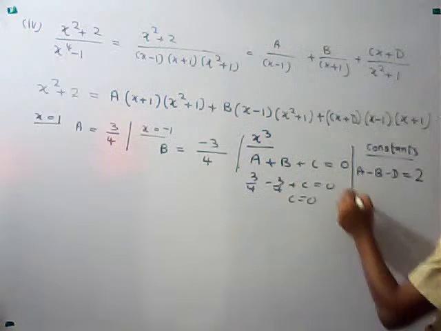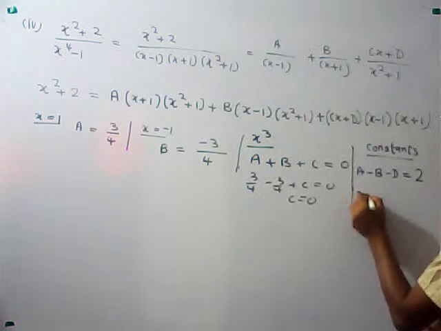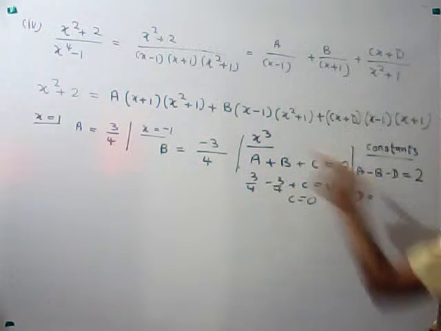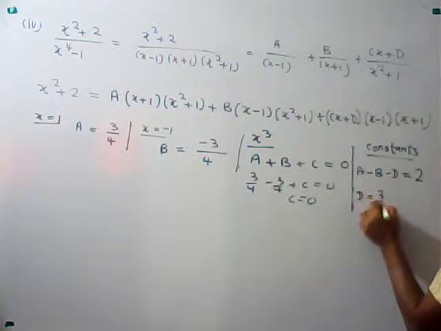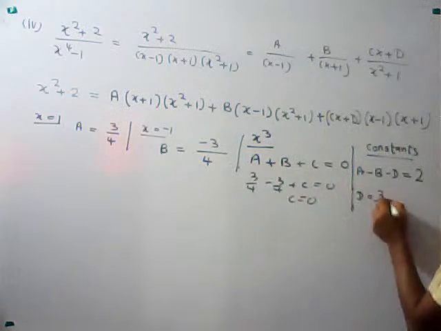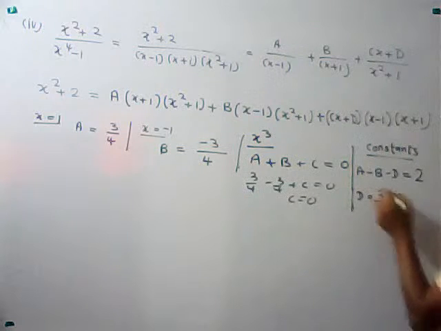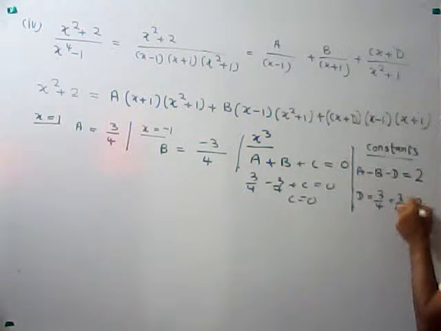So d equals a, which is 3/4, minus b, which is again plus 3/4, minus 2.